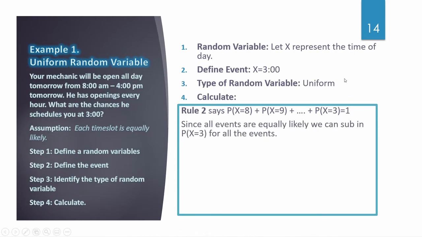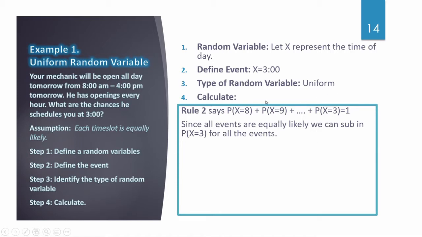Now, here's where knowing which type of random variable you're working with is going to make this an easier problem to calculate. Since we are assuming that each event is equally likely, that is the assumption of the uniform distribution, that means that the probability that x is equal to 8 is the same as the probability that x is equal to 9, and that is the same as the probability that x is equal to 3.